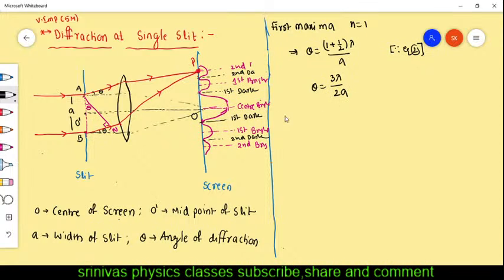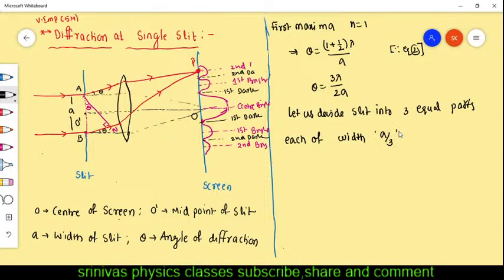Now, to explain the first maxima, let us divide the slit into three equal parts, each of width a by 3.